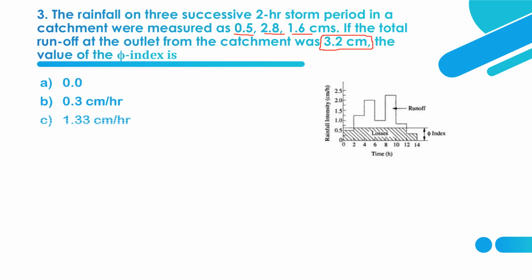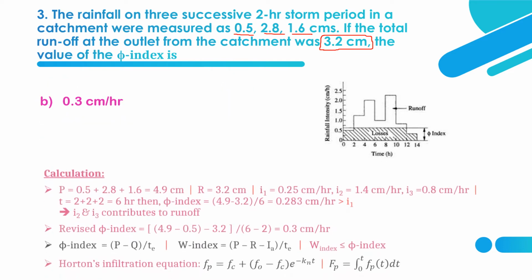So we have to calculate the phi index. Phi index is related to infiltration, so that means it is a loss. We have to calculate the phi index based on the given data. Here the answer is option B, 0.3 centimeter per hour.